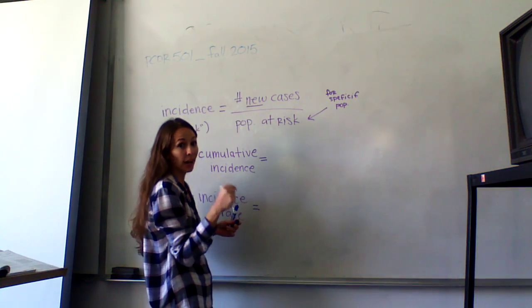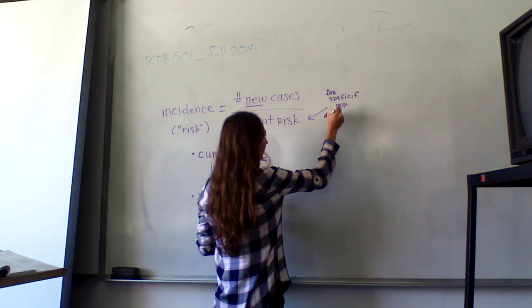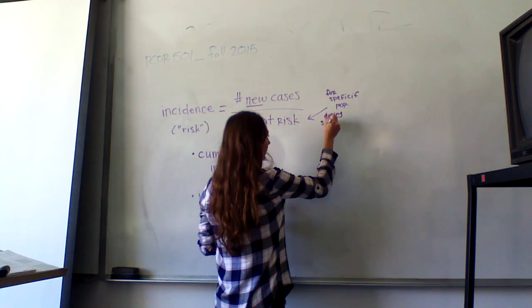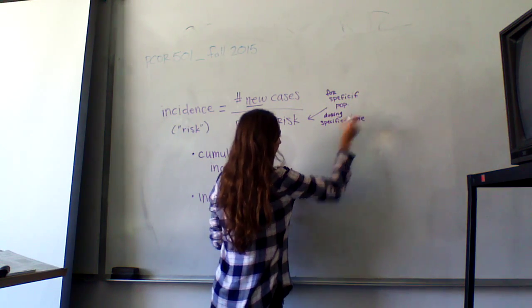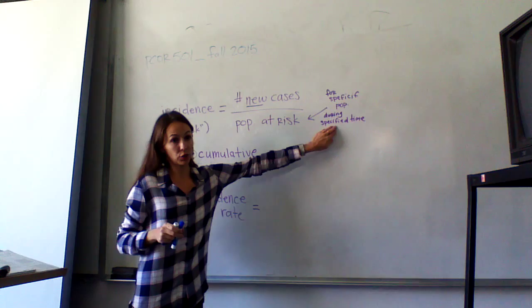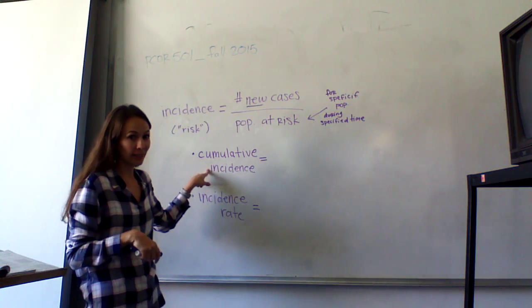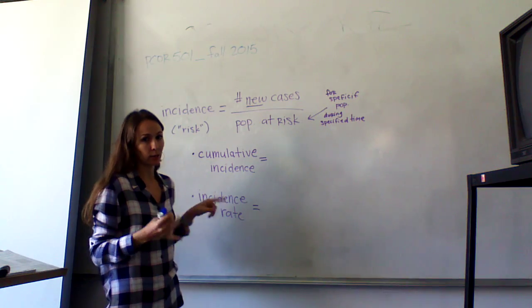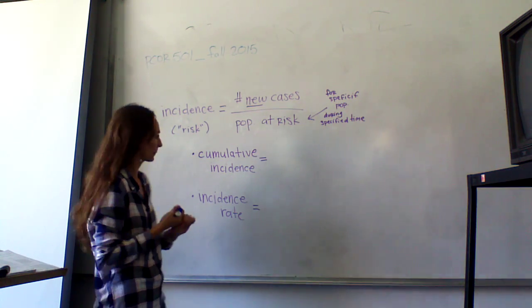And you need to define the period of time. Okay, this is true for every single one of the formulas. For cumulative incidence, for incidence rate, for point prevalence, period prevalence, and your mortality measures.